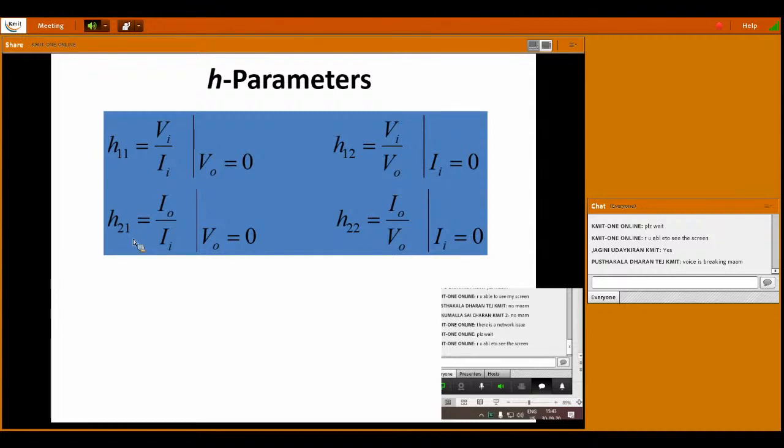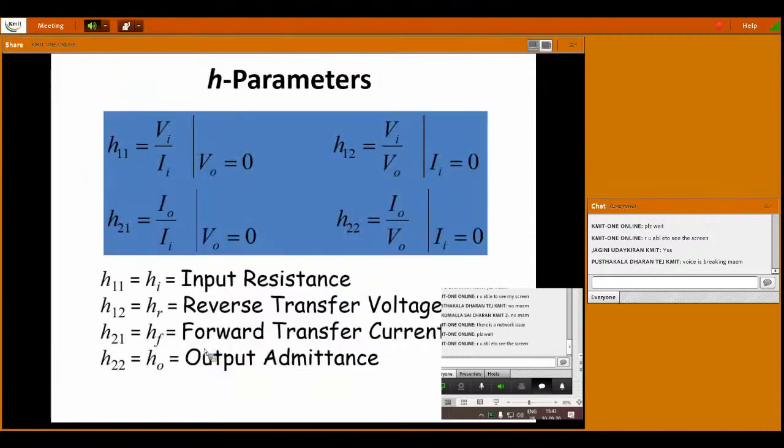Now, is it clear, everybody? So H11 is the input resistance, H12 is the reverse transfer voltage, and H21 is the forward transfer current. H22 is the output admittance.